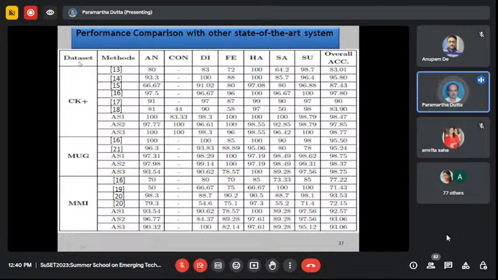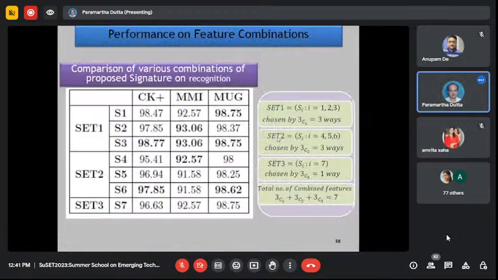So these are different methods. 13, 14, 15 indicate different methods, different state of the art with which we have our comparison. So this is what exactly it reveals, how our method of altitude signature performs compared to others.